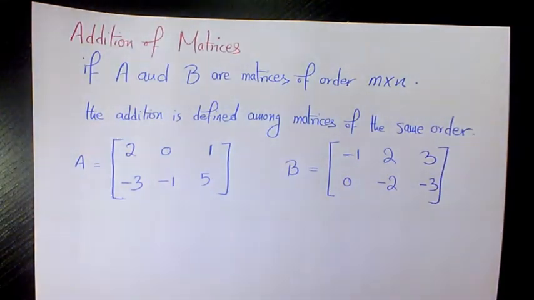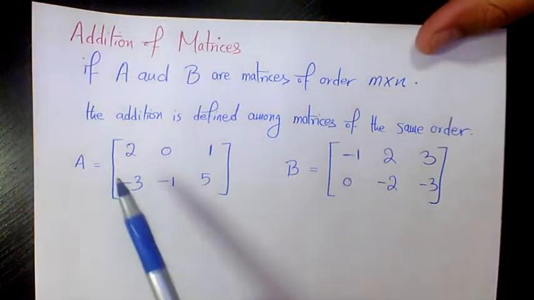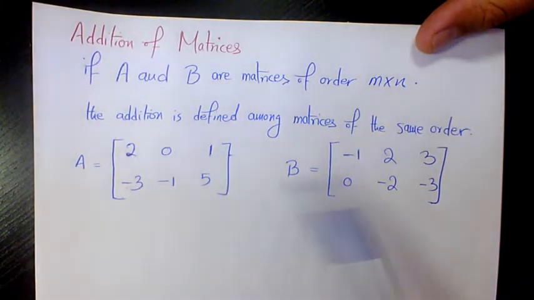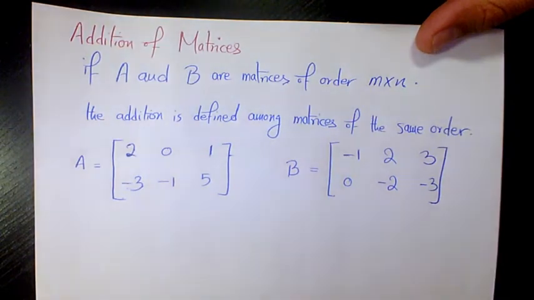If we have two matrices, A and B, they need to have the same order, m by n. Then we can add these two matrices if we add each of its corresponding elements. For example, here we have two matrices. This one is 2 by 3 and this one must be 2 by 3 as well in order to be able to add these two.